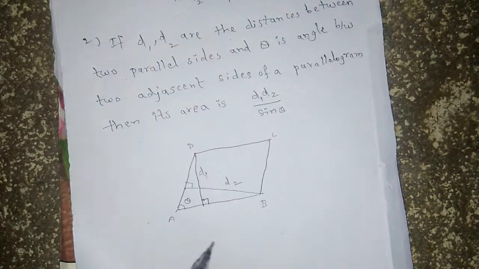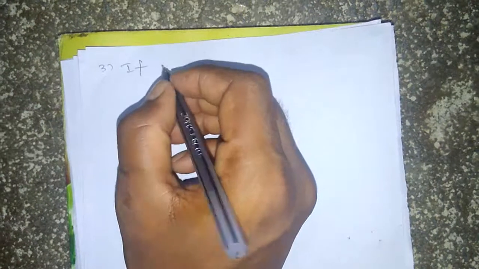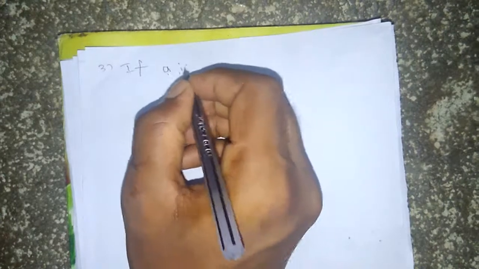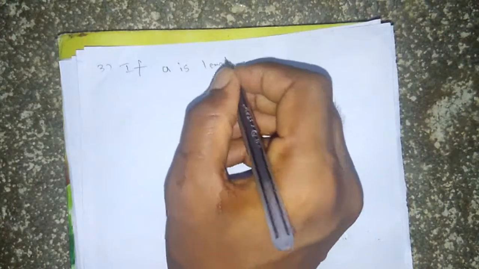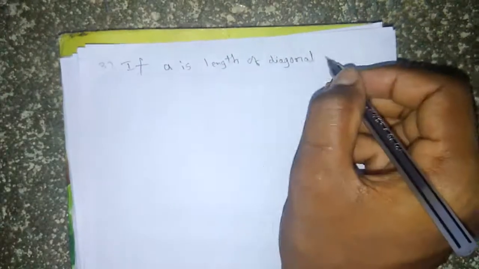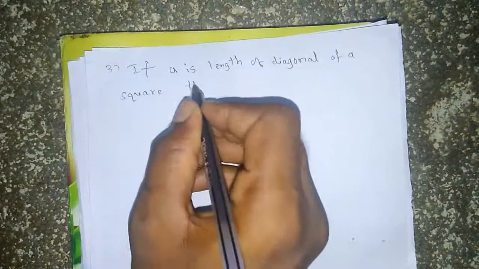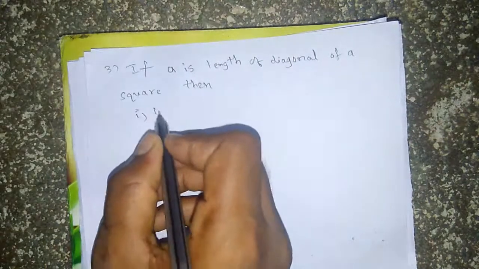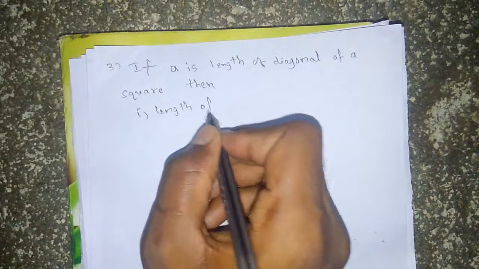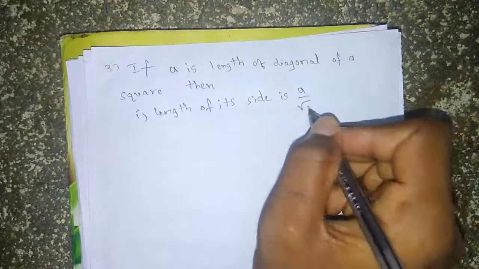Next point, if a is the length of diagonal of a square, then length of its side is a by root 2.